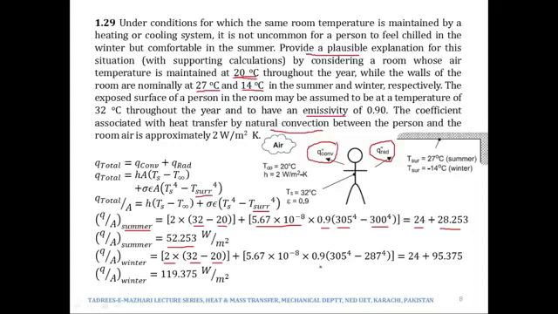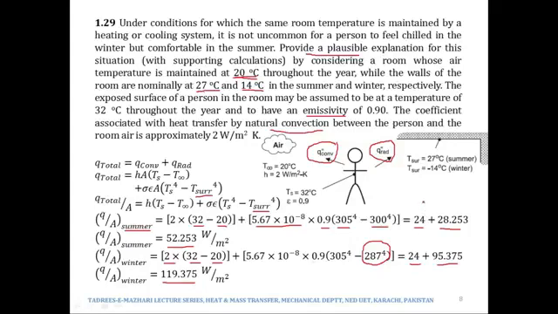So all that is being changed is the temperature of the walls of the room, and in winter the temperature of the walls becomes 14 degrees Celsius. So 14 plus 273 gives us 287, and we get the heat loss via convection as 24 and the heat loss via radiation as 95.3, thereby the sum being 119.3. See what is happening.